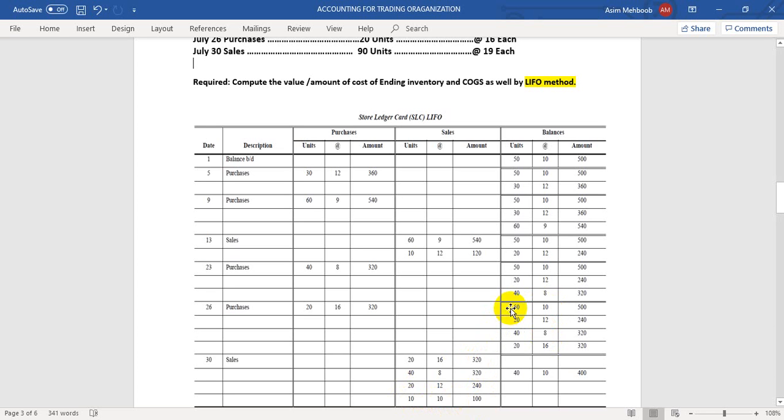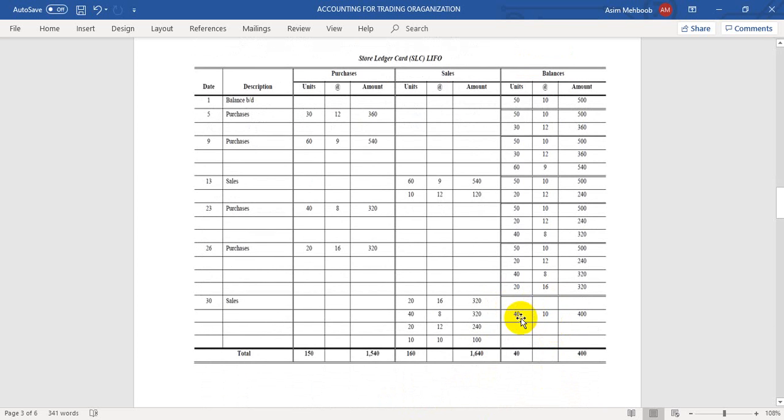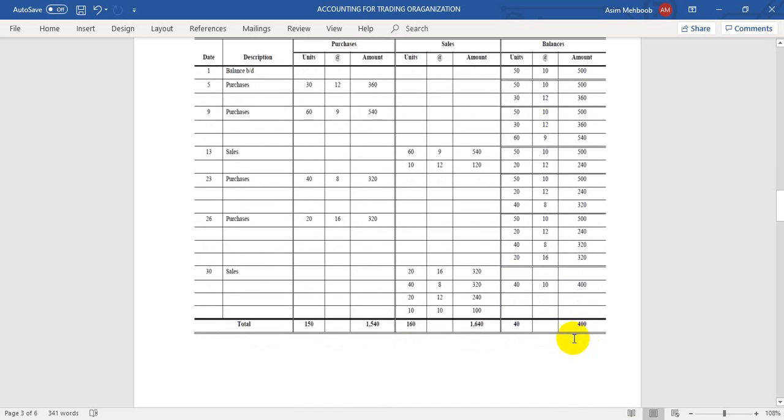Okay guys, so out of 50 you already sold 10, so how much is remaining? 40. So this is your ending inventory units, and this is the ending inventory value, 400, because your remaining inventory is 40 units, the cost price was 10, and the total is 400.